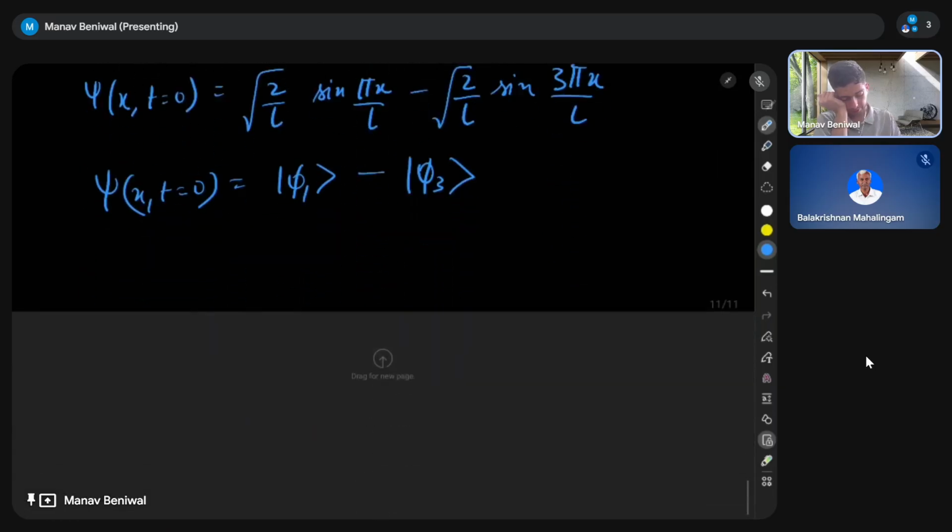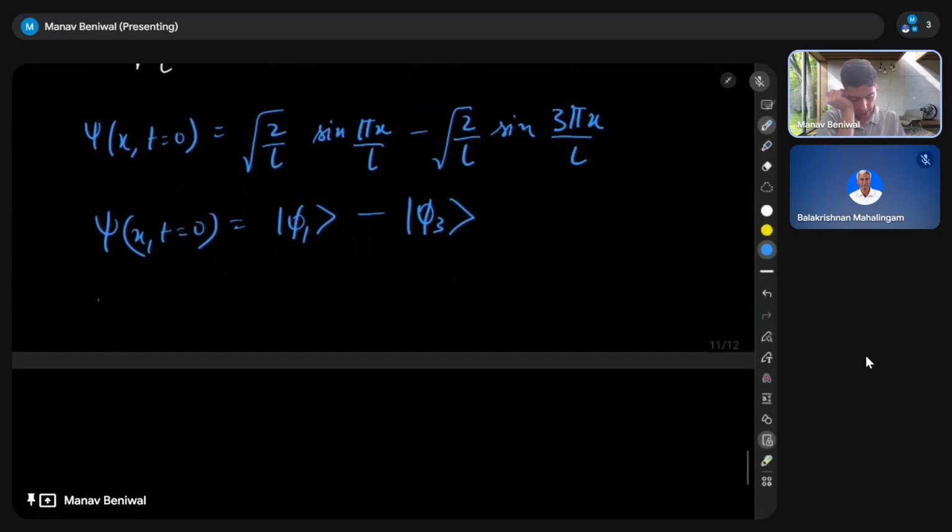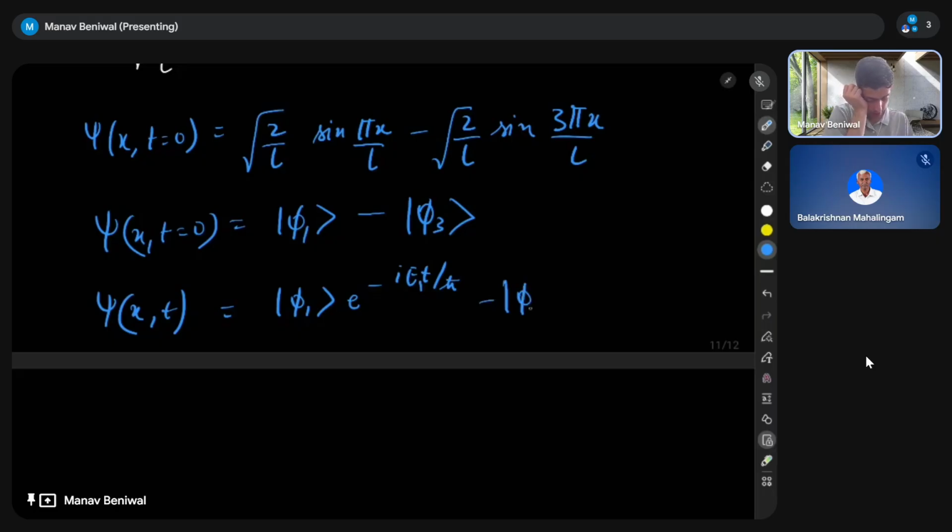So our psi for some later time t we know is then given as phi 1 e to the minus iota E1 t over h cut, minus phi 3 e to the minus iota E3 t by h cut.